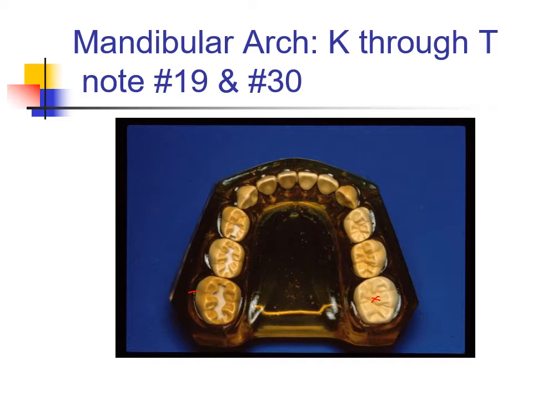And then if you look, we go through K through T over on the other side, the same way as we did in the upper dentition, labeling teeth with the alphabet in the universal system. So K through T on the lower arch.